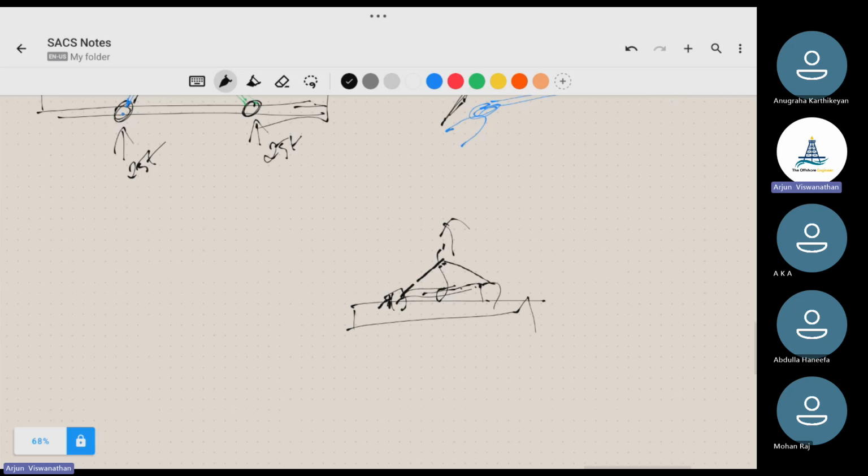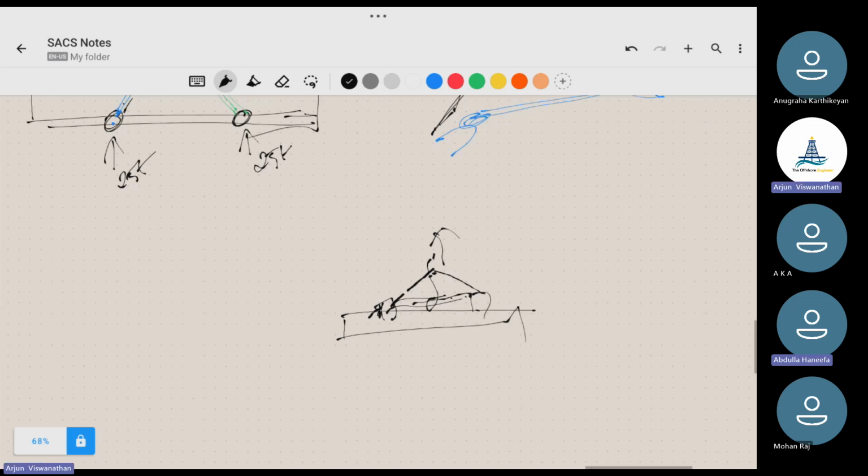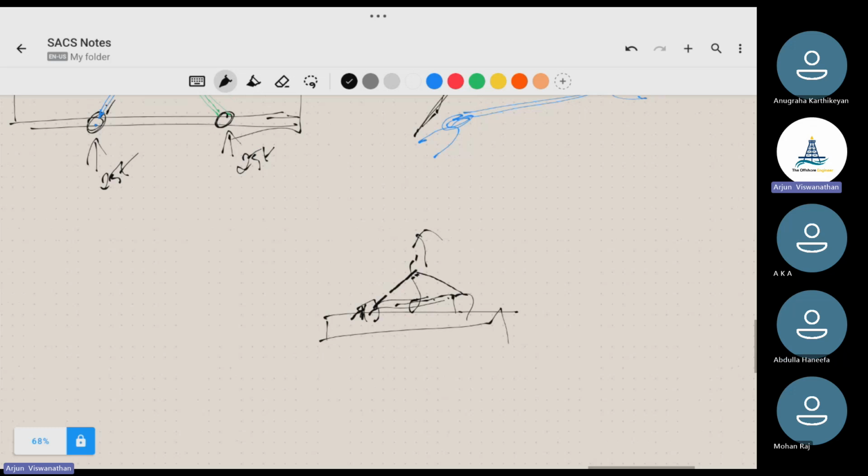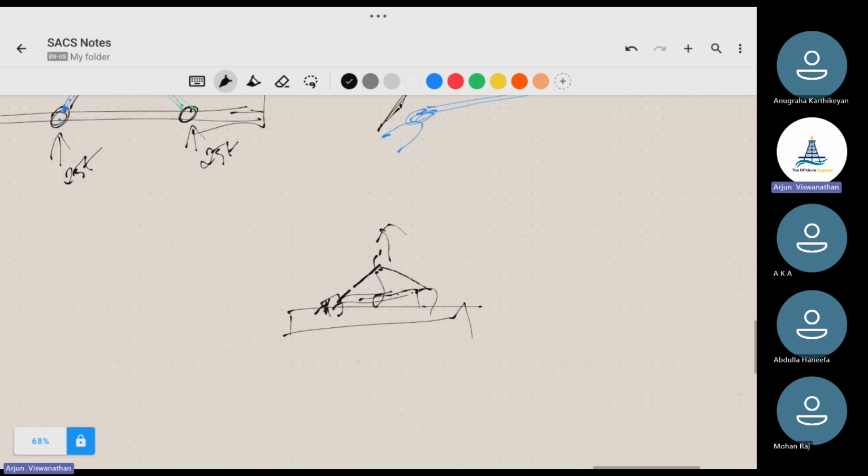Do you agree with my statement? Yes. This is not because the pad eye location is wrong; the main consideration here is the incorrect length of the sling.